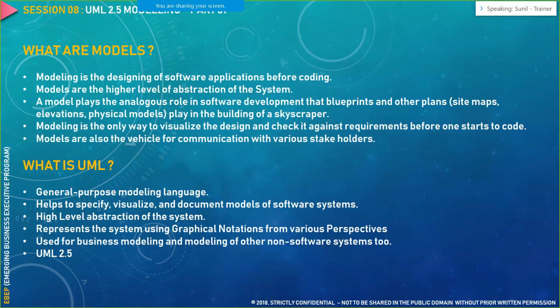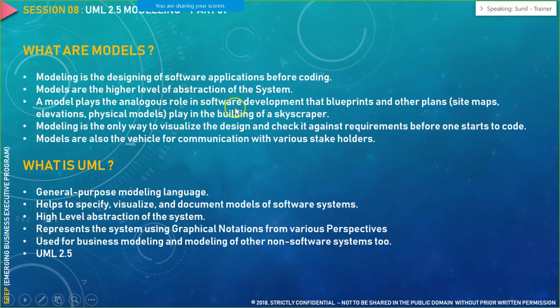The coding is not yet in place, but we have modeled that system based on our feedback with our respective stakeholders. So they are nothing but a higher level abstraction of a particular system: how the system would look, how the functionality of the system would look at a higher level. In other words, they are the blueprints or the plans that would help build our software project.